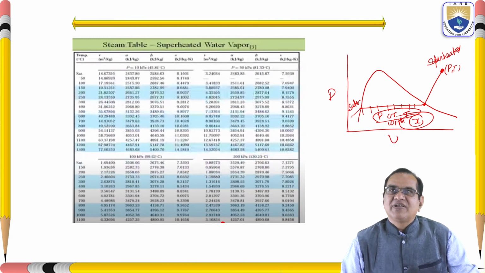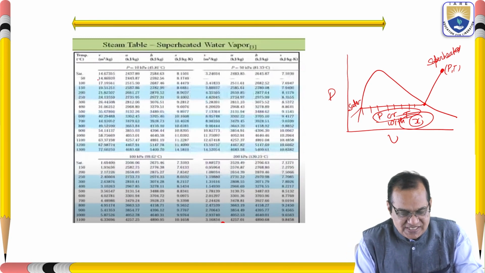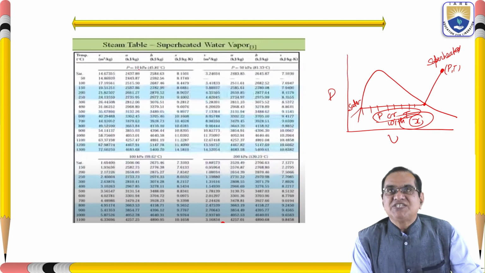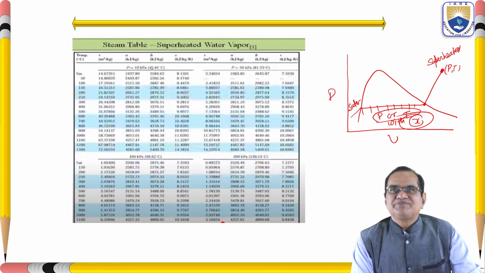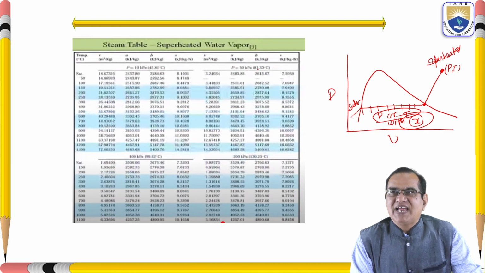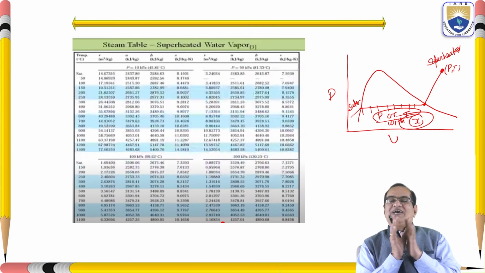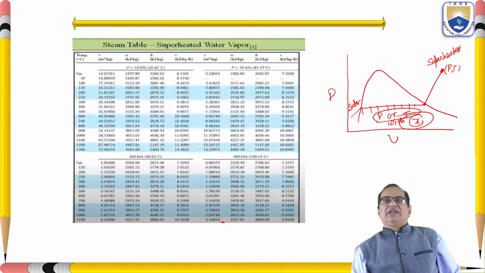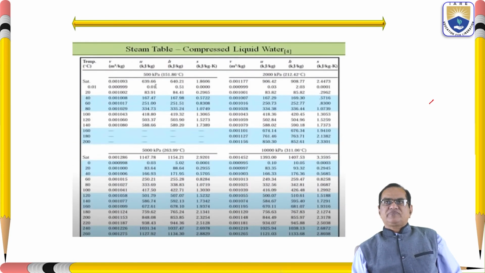Here I have given, you can see, at P equal to 10 kilopascal the temperature is 45.81 degrees centigrade. Here is 50 kilopascal, and this means temperature and pressure have to be given. Then only you can find out the correct value of different parameters.